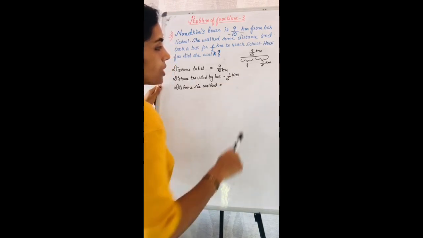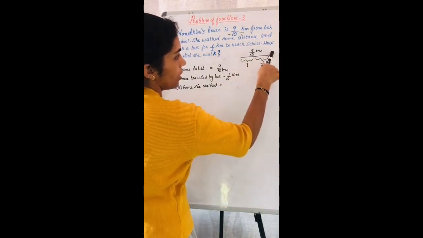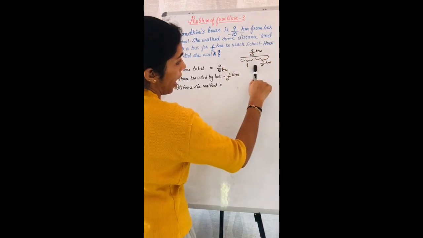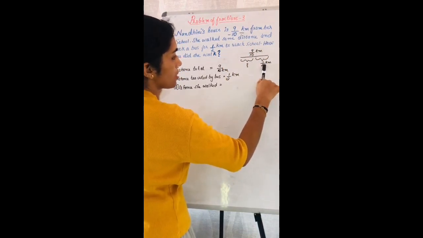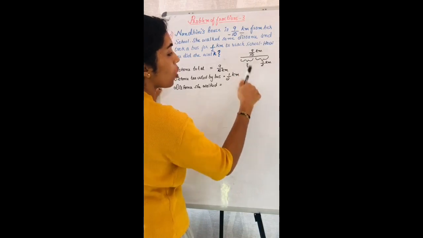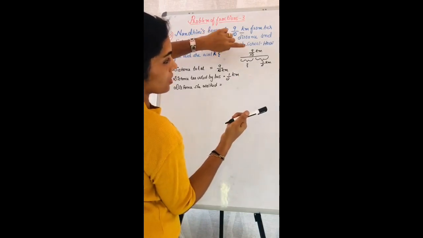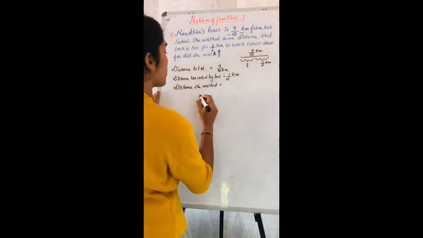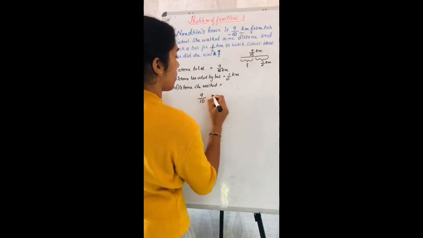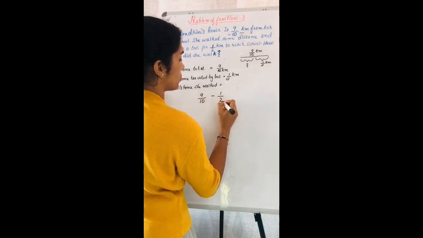Now look at our picture. So you have the total distance and you have half kilometer that Nandini took by bus. Now for finding the walking distance, what do you have to do? You have to subtract, right? You have to subtract 9 by 10 and 1 by 2. So now let's subtract 9 by 10 minus 1 by 2.